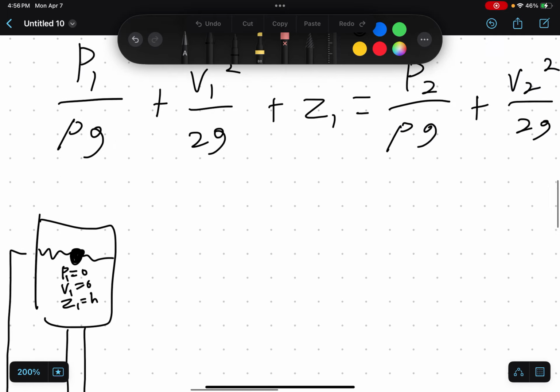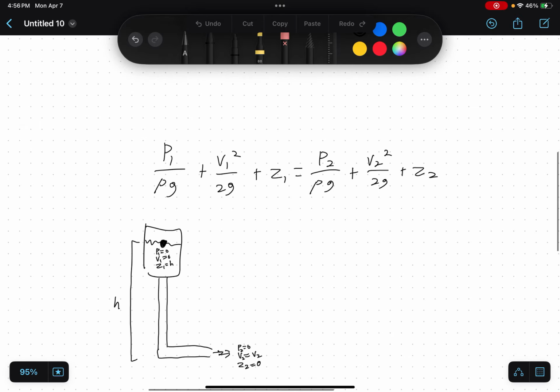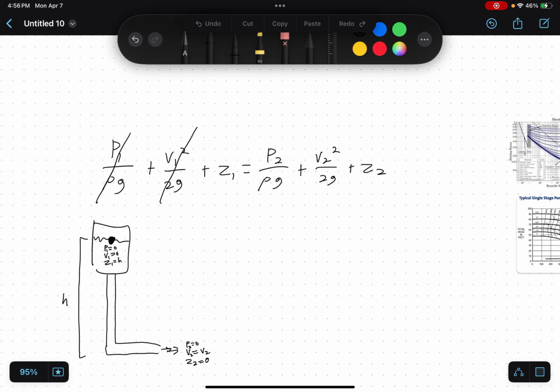Okay, so we could simplify this equation. P1 equals 0, that term goes away. V1 equals 0, that term goes away. This Z1 is H, but I'll leave it there for now. P2 is 0. V2 exists, but Z2 is 0.